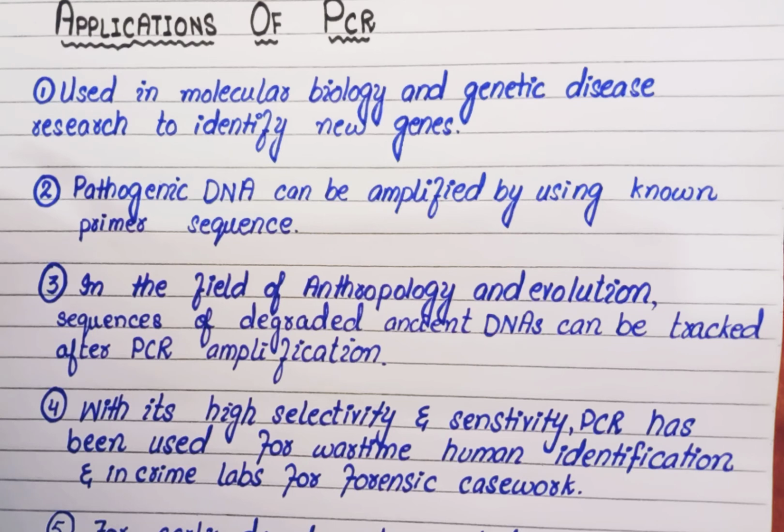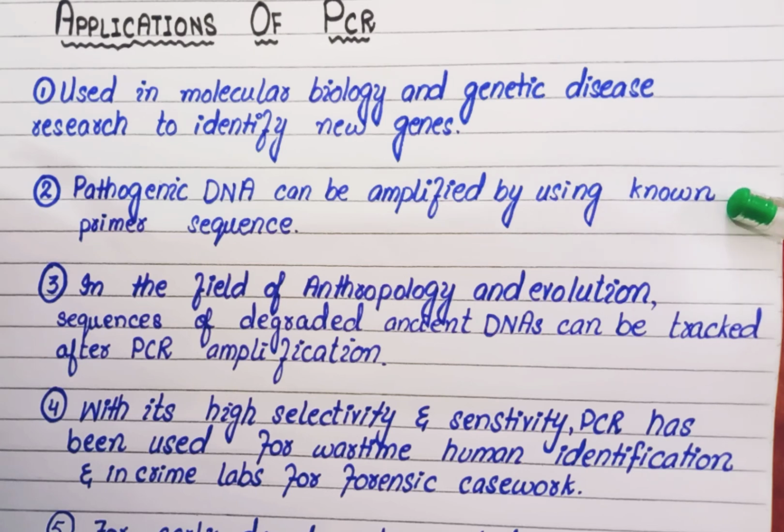In the last, we have some basic applications of PCR or polymerase chain reaction. As we know, it is a technique used in molecular biology. First, it is used in molecular biology and genetic disease research for identification of new diseases.